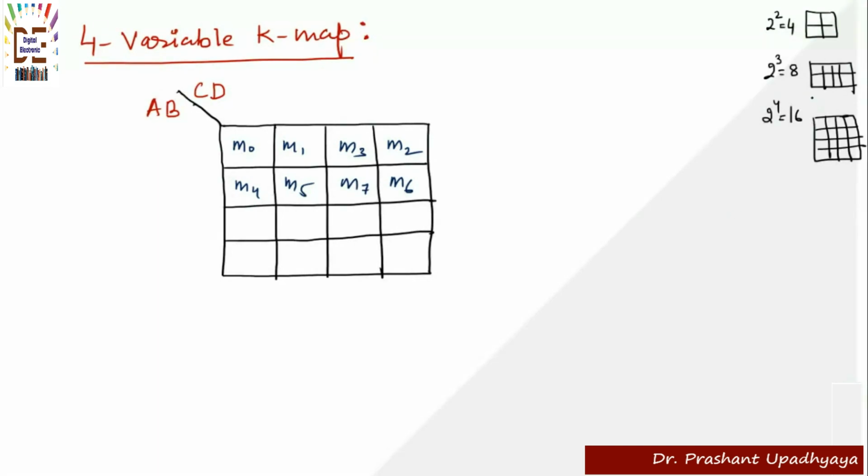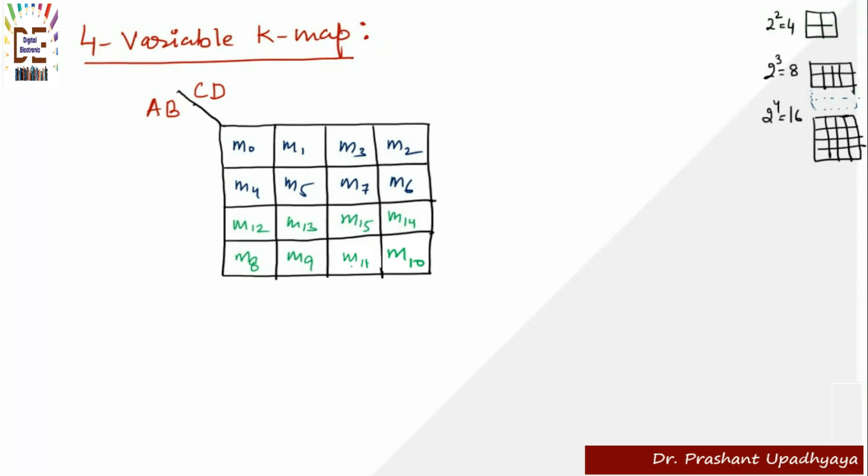What we are doing is just adding a duplicate here. Can you see? 2 raised to power 3. So we are folding this over here. The numbering which starts M0, 1, 2, 3, 4, 5, 6, 7, then you have to start from the lower one: M8, M9, M11, M10, M12, M13, M14, M15.